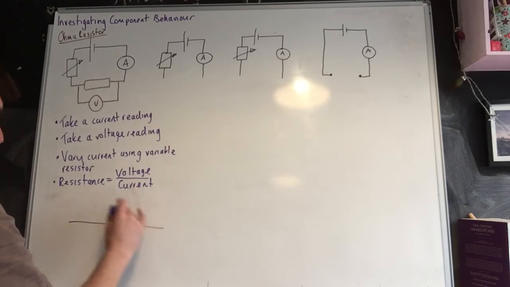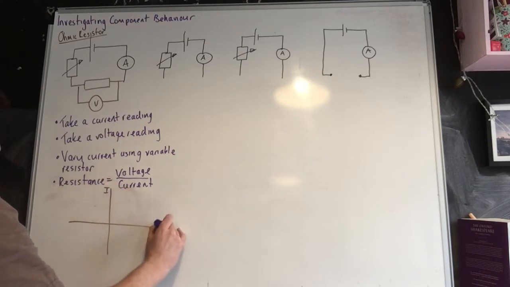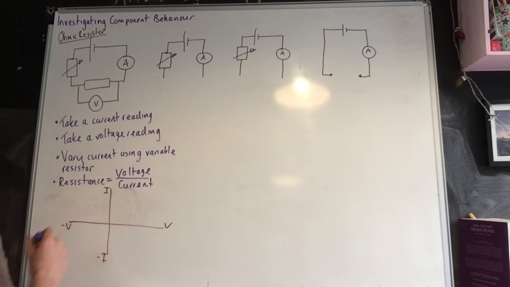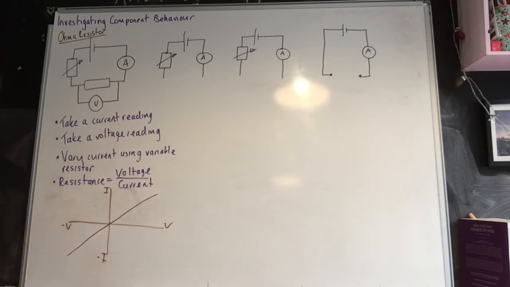If you are asked to draw the current voltage diagram for the ohmic resistor, it's directly proportional, and it's the same forwards and backwards. So if you turn your resistor around, you will get the same result.